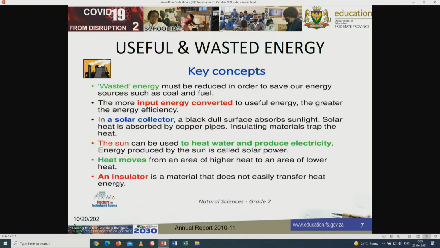An insulator is a material that does not easily allow heat energy to be transferred. That is why I'm saying that it's very much important to have insulating materials to prevent much heat from being released to the environment, because we need that energy.